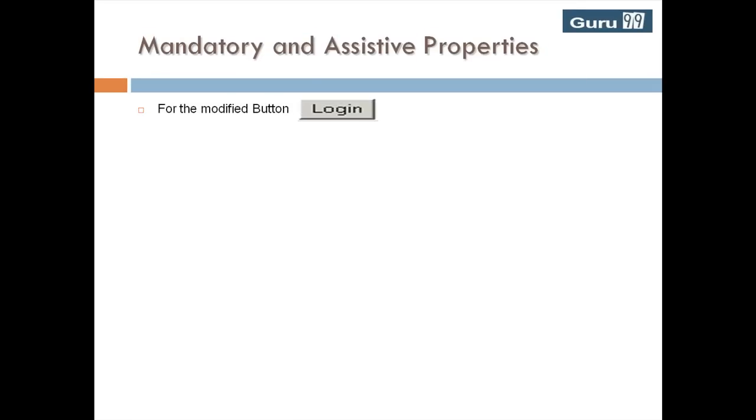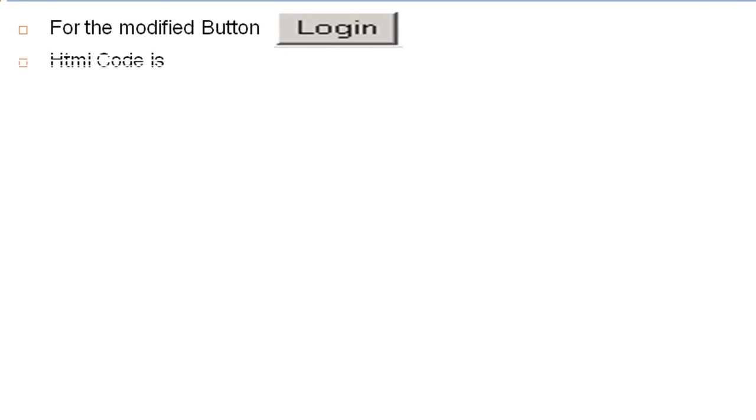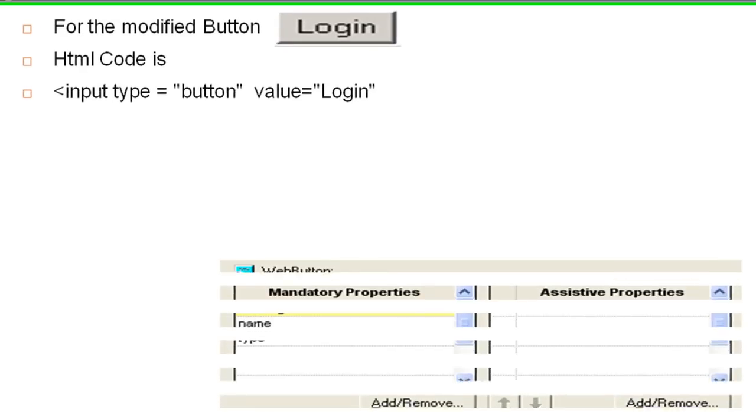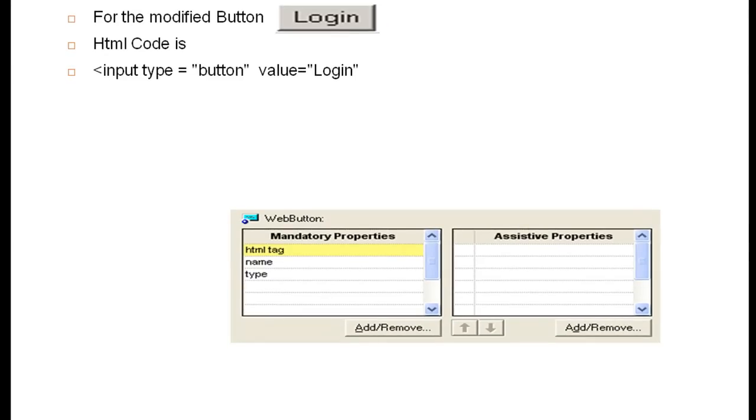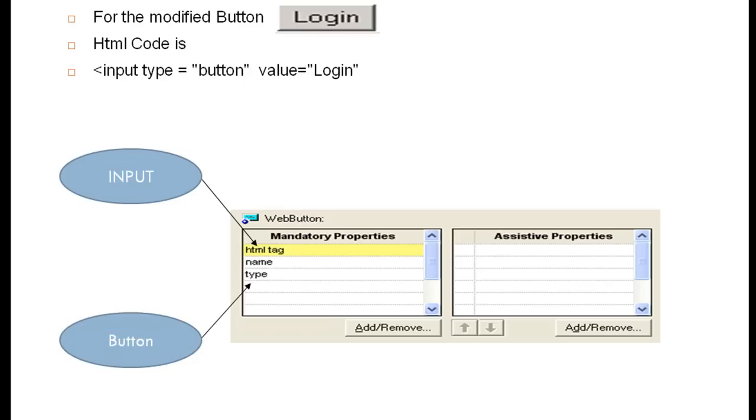For the modified button login, HTML code is... the property values available for comparison at runtime are HTML tag input, type as button, but the name property is different.